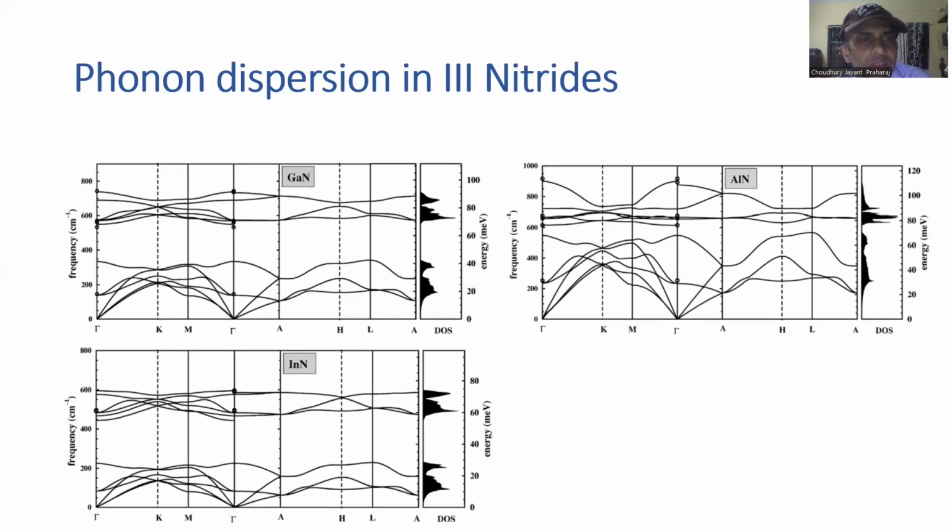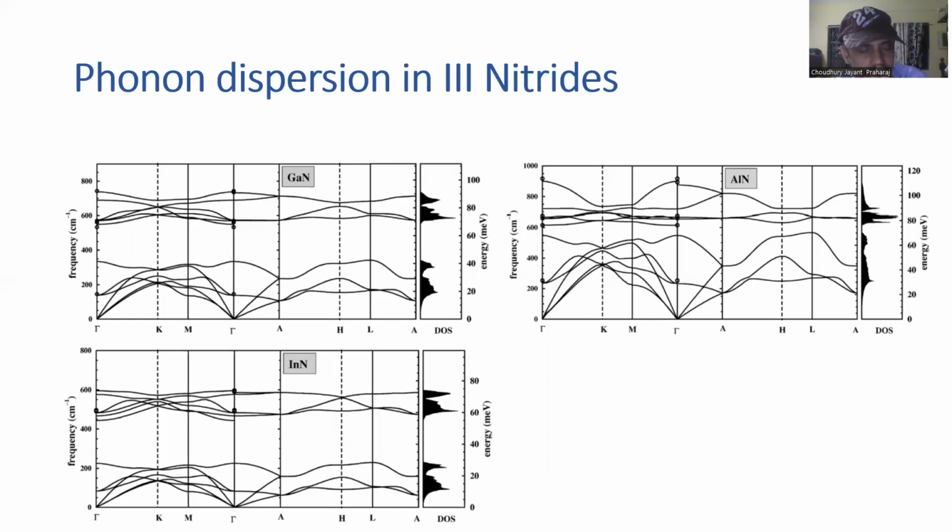We also show the phonon dispersion in the group 3 nitrides: gallium nitride, aluminum nitride, and indium nitride. You can see that, compared to material systems like the arsenides and the phosphides, these materials have higher phonon energies. This basically shows the dispersion. Now, phonon dispersion and other phonon-related material parameters determine things like scattering rates and mobility in these materials.